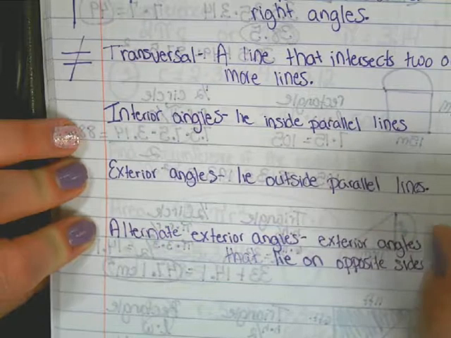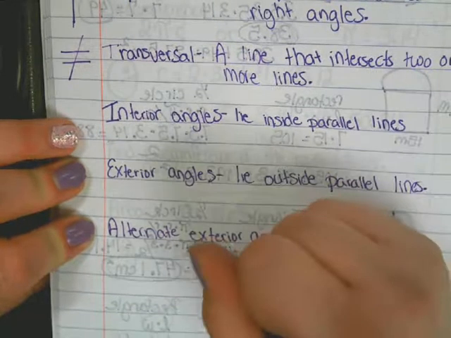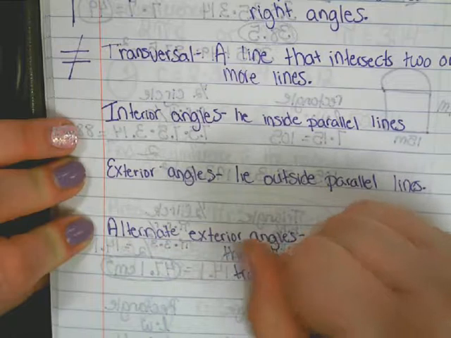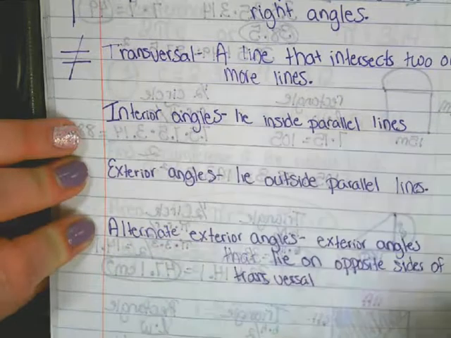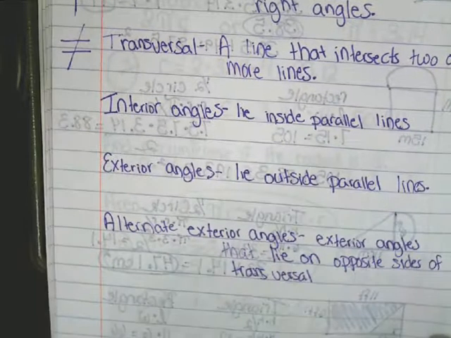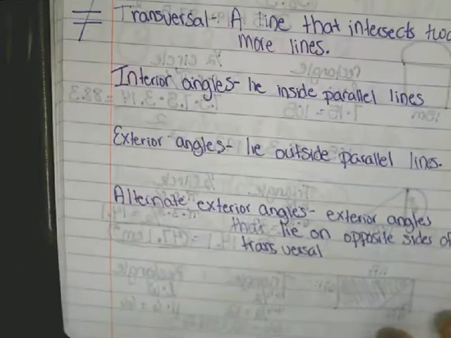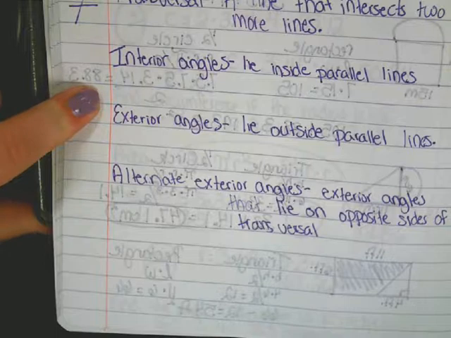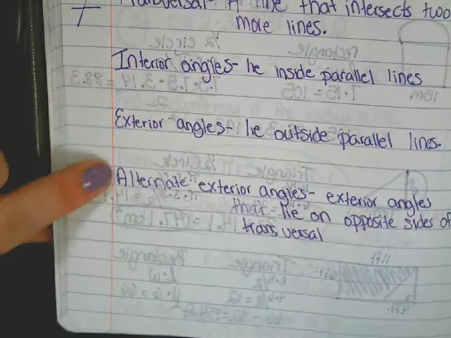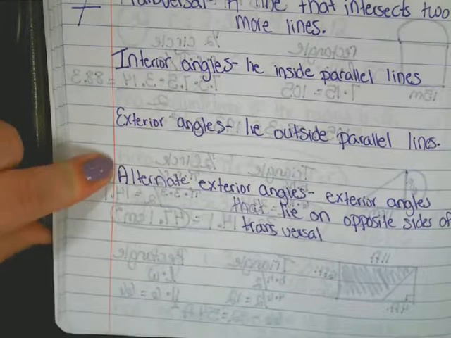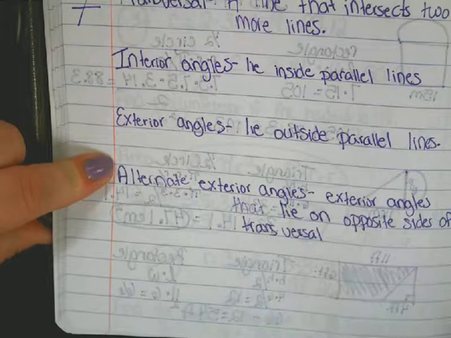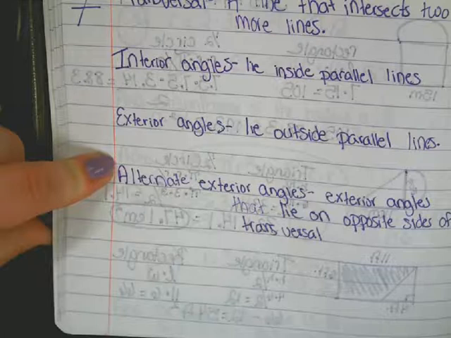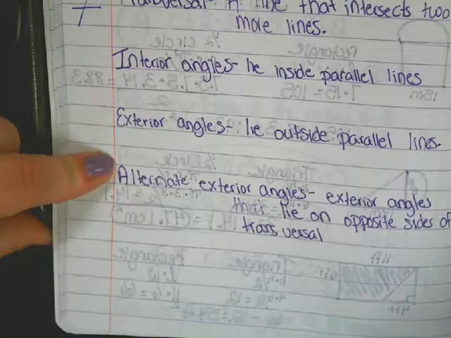So on your project, when you're having to identify these, the nice thing about these is you already have to identify your exterior angles. So your alternate exterior is going to fall within those numbers, but then you have to figure out which ones are on opposite sides of the transversal. Again, seems confusing right now, but when you see some projects and you see what you're doing, I don't think it will be that bad. Okay. Again, skip a couple lines.